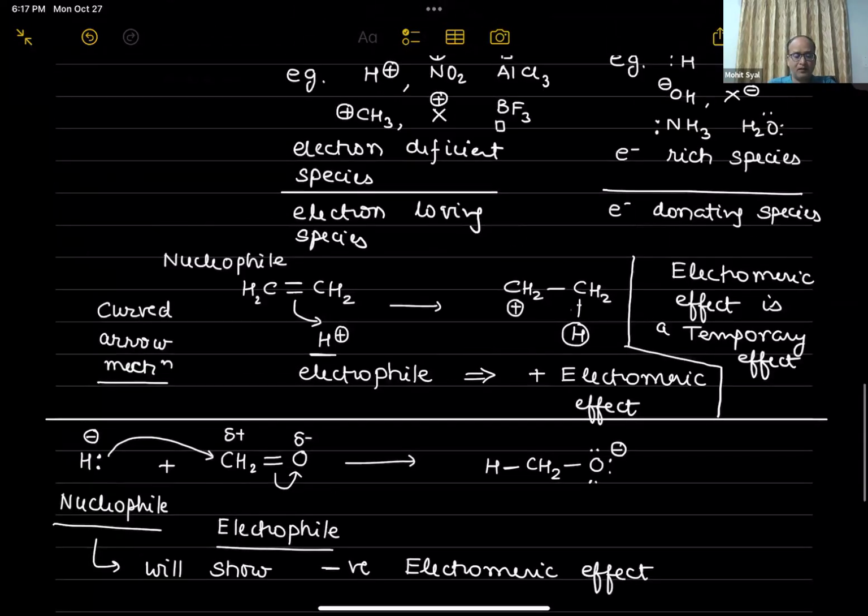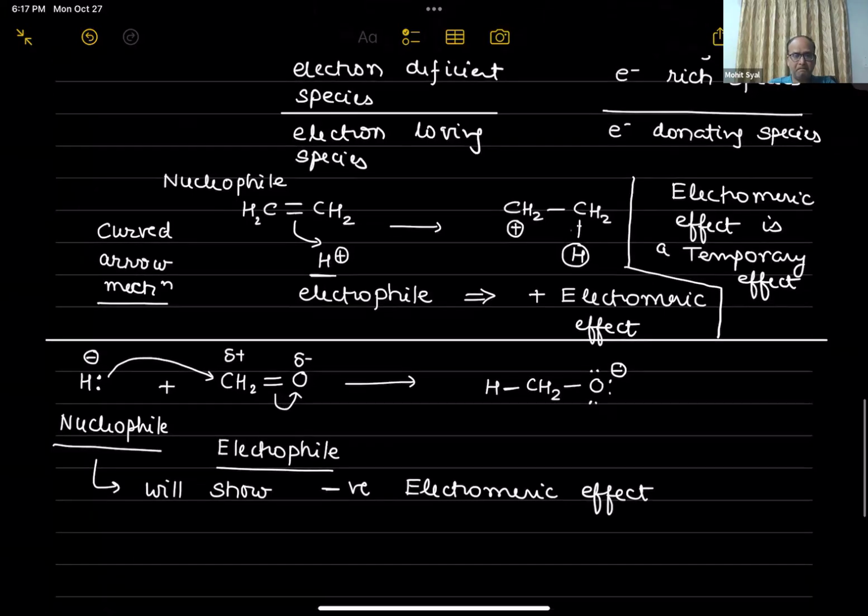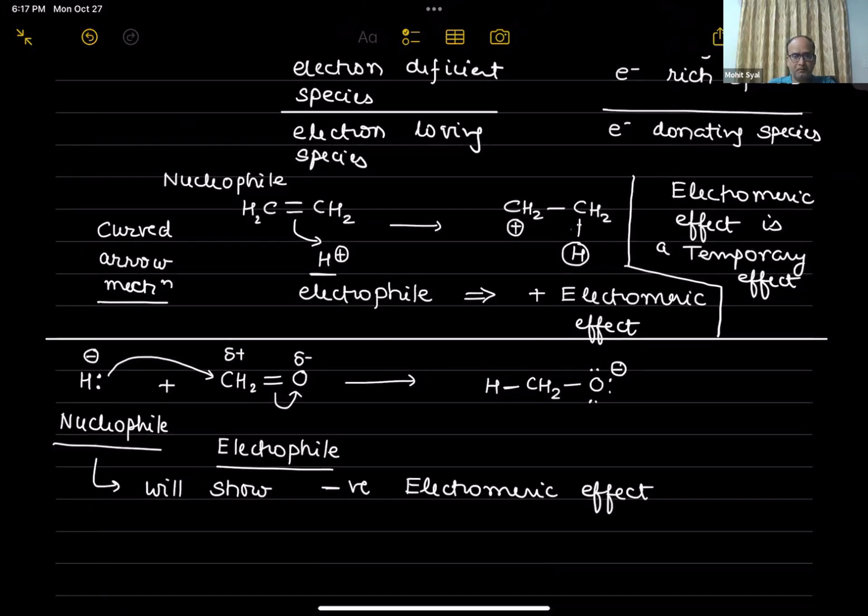Okay, Sir, can you explain the electromeric effect, like the definition? Electromeric effect is the temporary shifting of electrons of a double bond in the presence of an electrophile or a nucleophile. Electrophiles pull the electrons towards themselves, and they are said to exhibit positive electromeric effect.